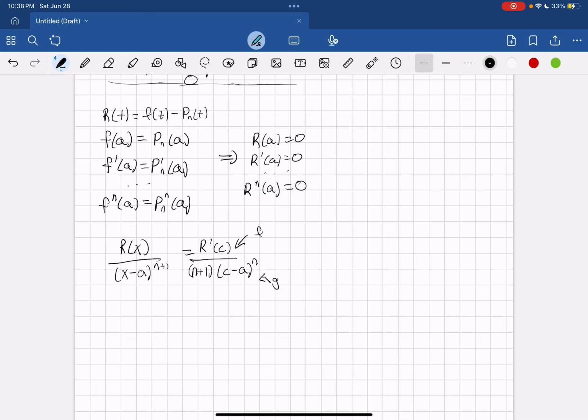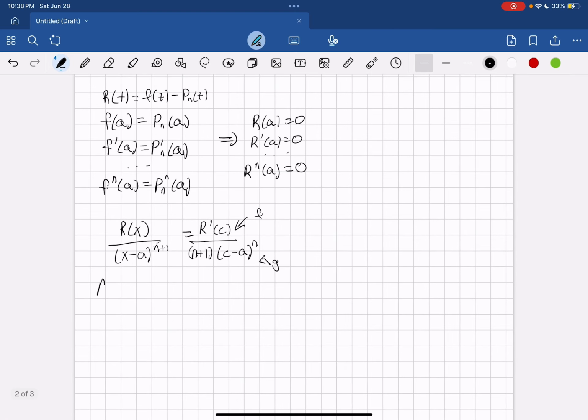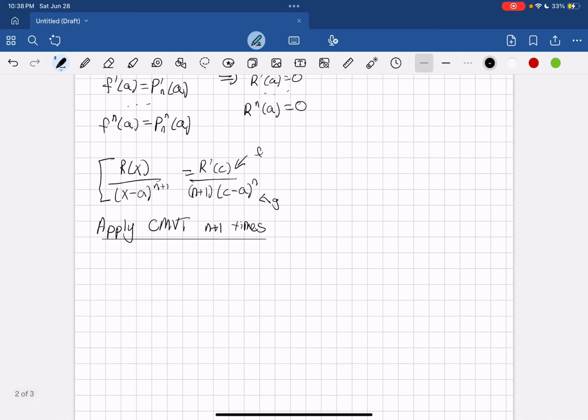And we're actually going to repeatedly do this a total of n plus 1 times. So we will apply the CMVT n plus 1 times, which is going to give us a result for this initial formula where we can solve for r of x.